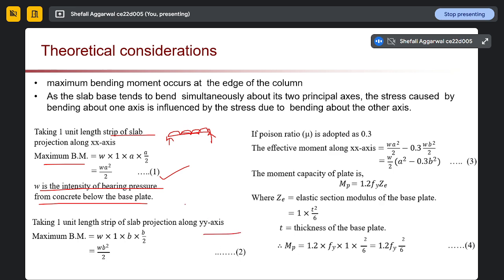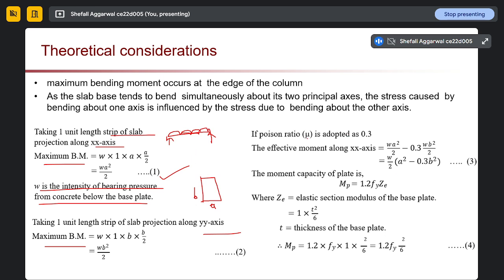Along the x-axis we are taking it as a UDL, and along the y-axis it is given by W into D square by 2. If this is A is to B, along the x-axis it is given by WA square by 2, and along the y-axis, WB square by 2.